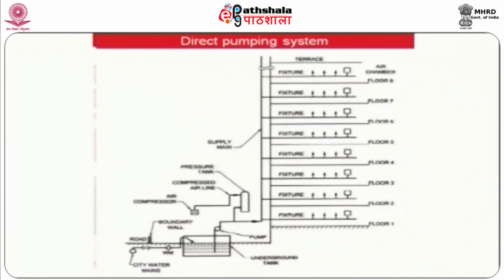Okay. So the hydropneumatic system is shown in the figure. As I mentioned earlier, the various components of the system are the underground tank, for which the water is coming from a city water supply, or the source located in the premises. From there the water is pumped to the underground tank.